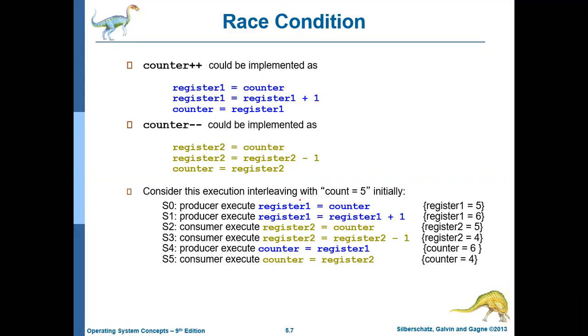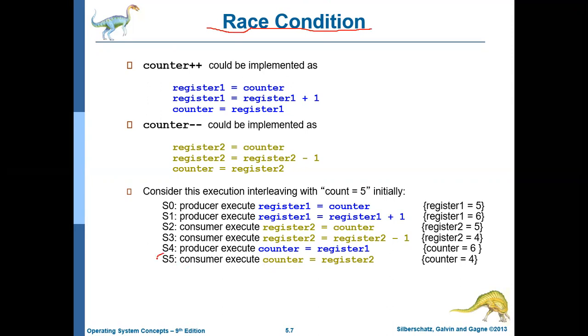This problem, which we discussed in the previous lecture, is called a race condition. Why is it called a race condition? It is called a race condition because the final value of the counter is decided by the instruction which executes at last.